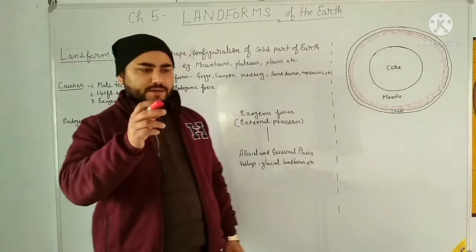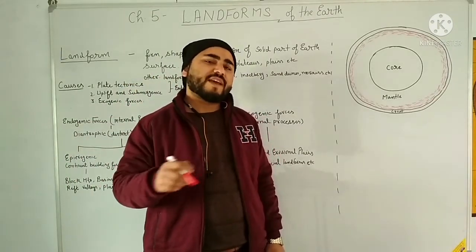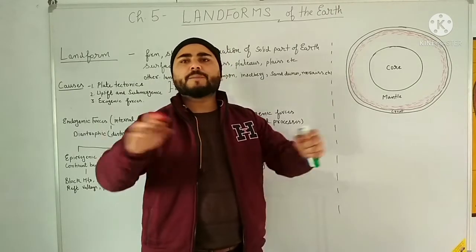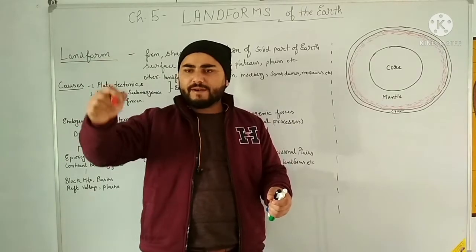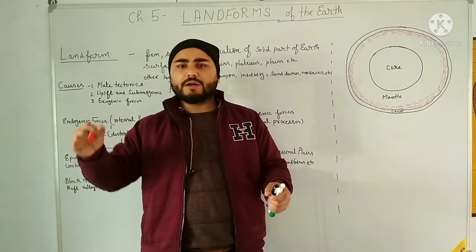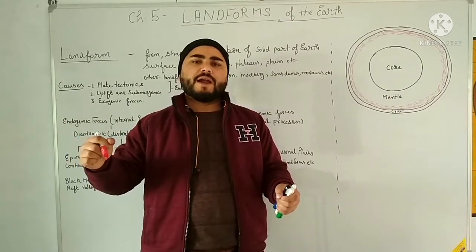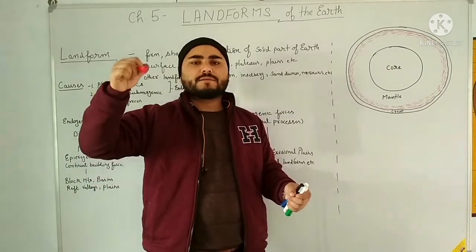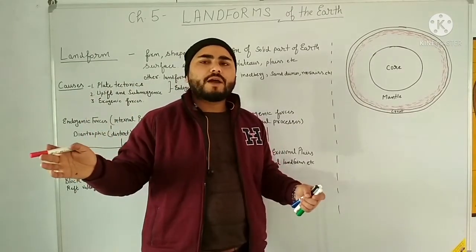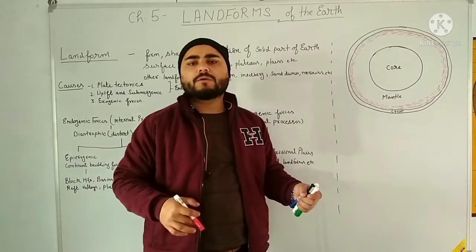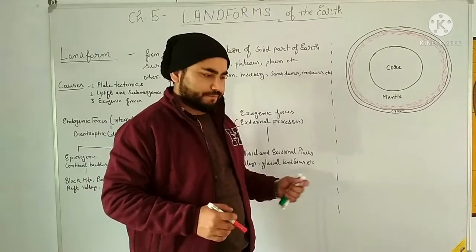Why is it not the same everywhere? Why is it not plain everywhere? Why is the surface of the earth elevated, depressed, high, low in height? And why are there mountains, plains, plateaus? Why do we not have flat land all over the world? This question we will be taking into account.